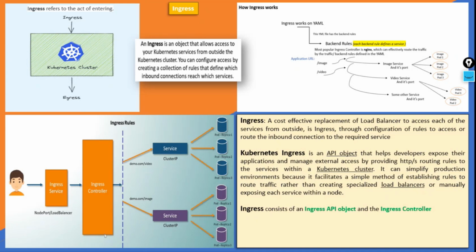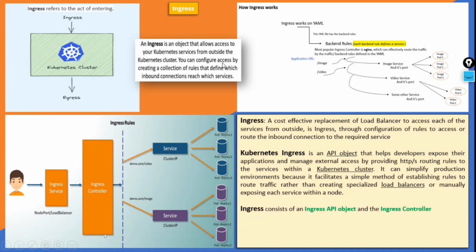So the terms remain the same, but here you are not going inside a server. Yes, you are going to a server, but you are actually getting inside a Kubernetes cluster. That means the act of entering into a Kubernetes cluster is ingress, and the act of going out of the cluster is called egress. So what is an ingress? An ingress is an object that allows access to your Kubernetes service from outside the Kubernetes cluster.